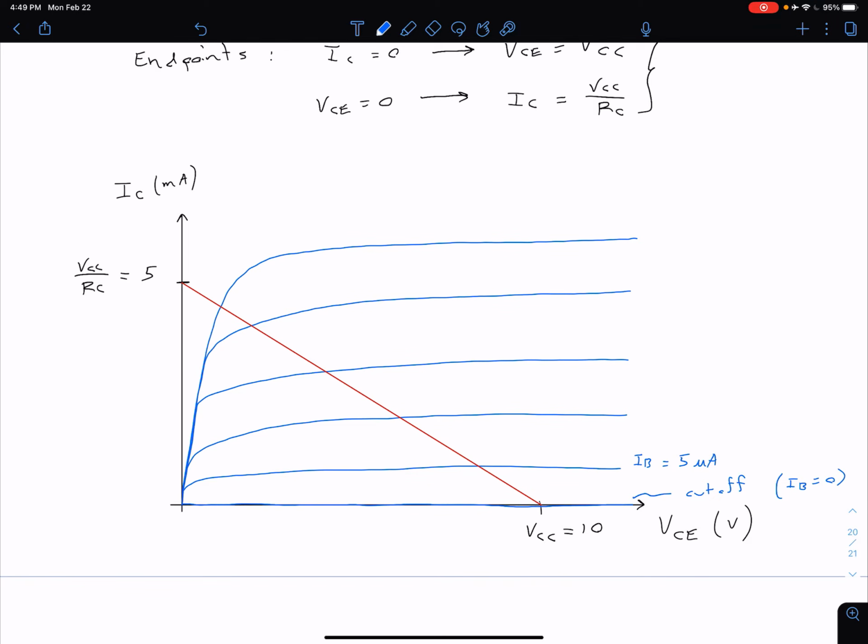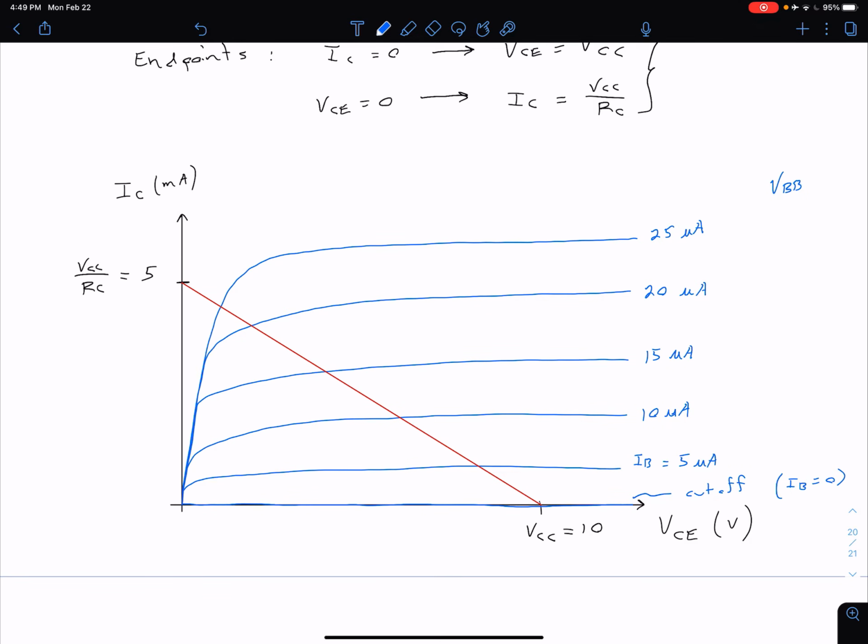As we move up on these blue curves, our IB is increasing. For example, this one maybe corresponds to 10 microamps, 15 microamps, 20 microamps, 25 microamps. It's important to keep in mind too that this is a continuum. This isn't discrete levels, so of course we could add in a curve here. Any point in between these ones that I've drawn has another base current value, which is based on our VBB. Our VBB is setting our base current value.